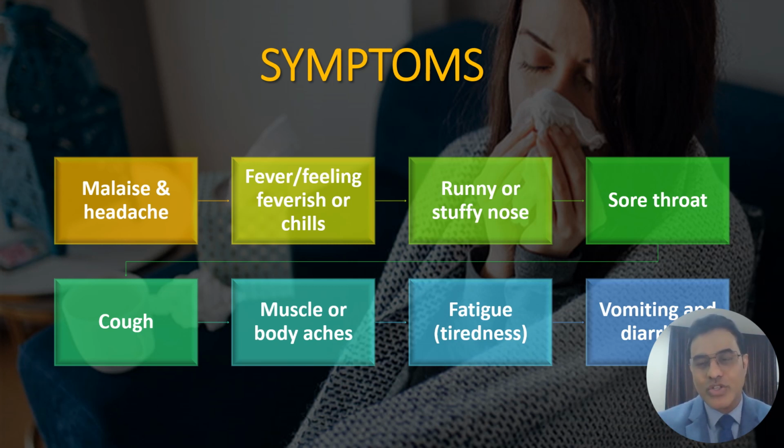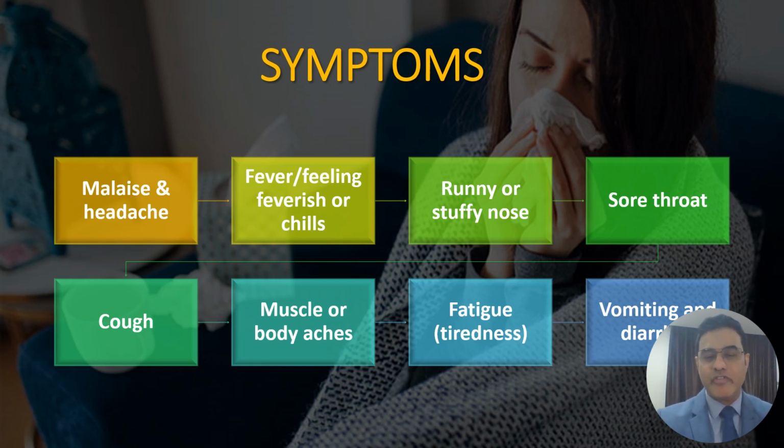Sore throat also starts badly in this influenza, especially in the last 6 months. We are seeing a lot of people coming with severe sore throat and cough, with a lingering cough up to 10 to 15 days, with these new influenza strains, especially the H3N2 that happened in the last 6 months all over the world. Muscle and body aches are also very commonly seen, and fatigue, because of dehydration and the viral illness.